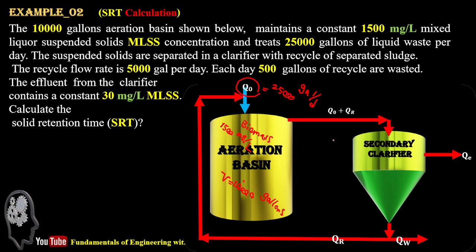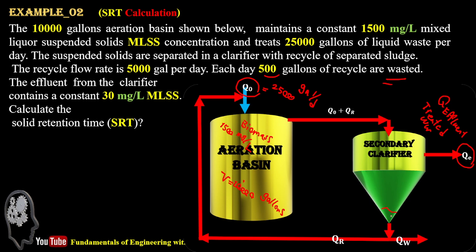it goes to the secondary clarifier. A big chunk of it is treated. That's Q effluent, the treated wastewater. And then the recycled flow rate is 500 gallon per day, of that 5,000 is wasted.